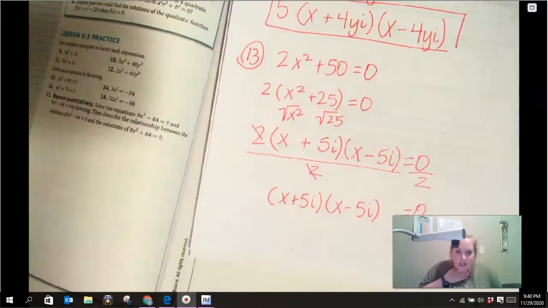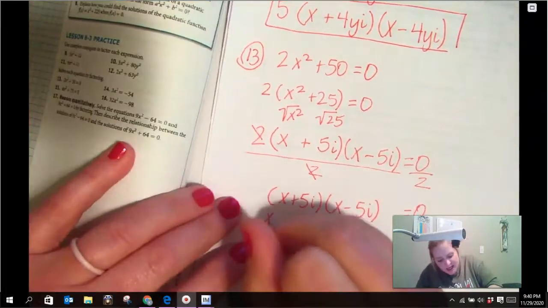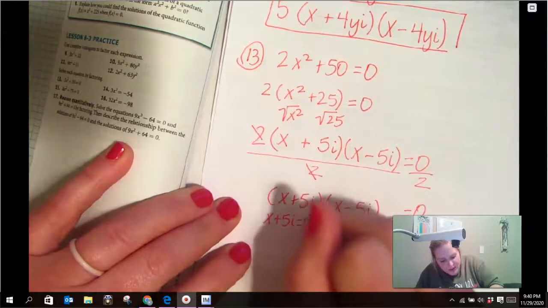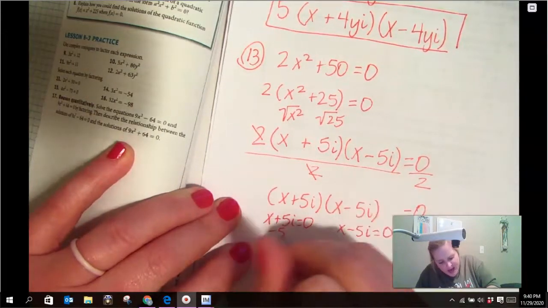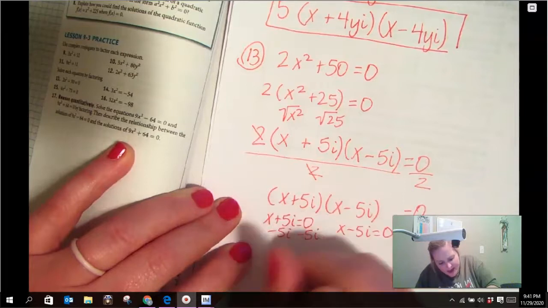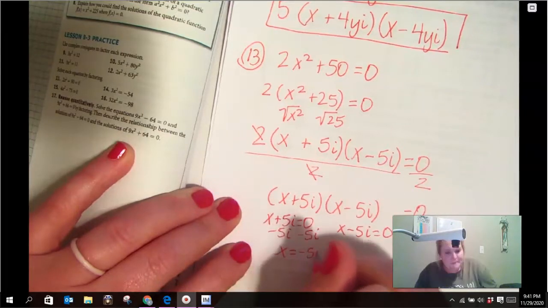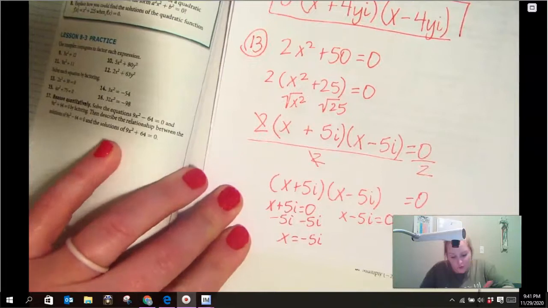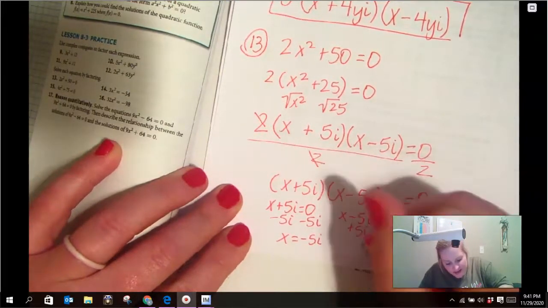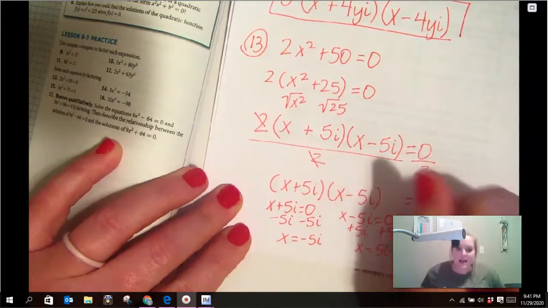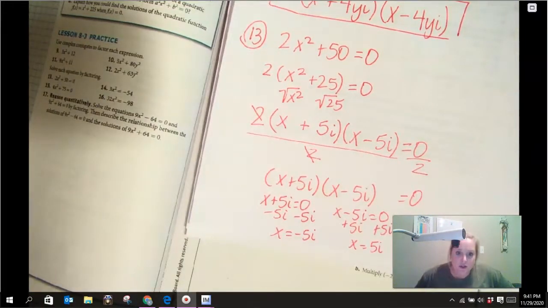And then you take each of those parentheses and set each one of those equal to 0 by itself. So I'm going to subtract 5i. So x equals negative 5i. That's one of the solutions. Then I'm going to add 5i. So x equals positive 5i, and that's my other solution. So those are the 2 solutions to number 13.